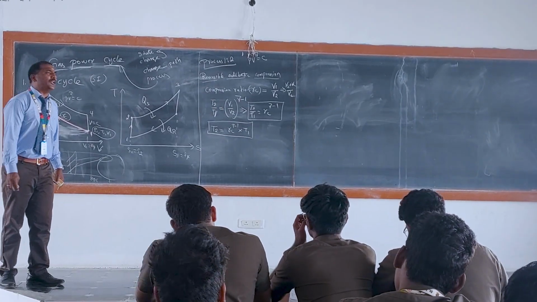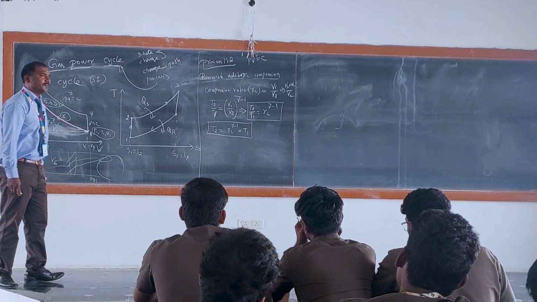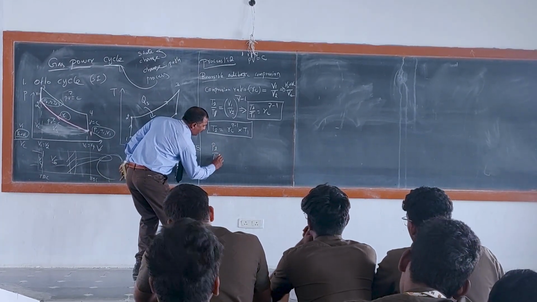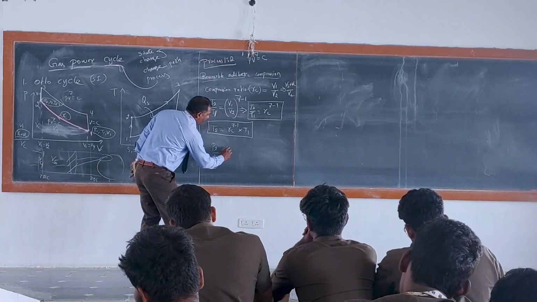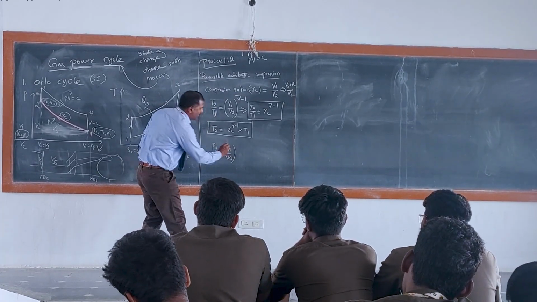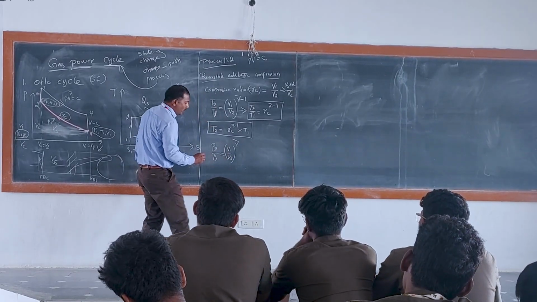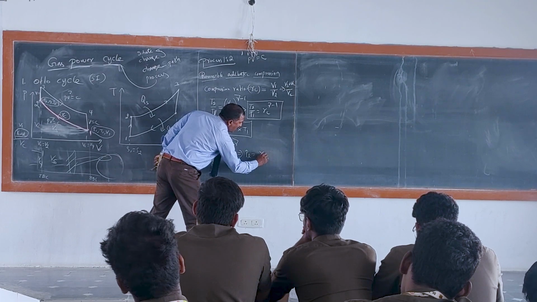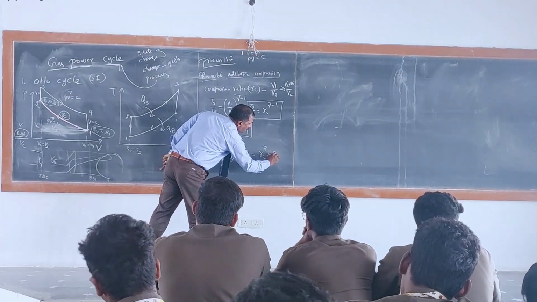Similarly, if you need to find pressure, what is the relation? P2 by P1 is equal to (V1 by V2) whole power gamma. Clear? If you need to find P2, P2 is equal to RC power gamma into P1.